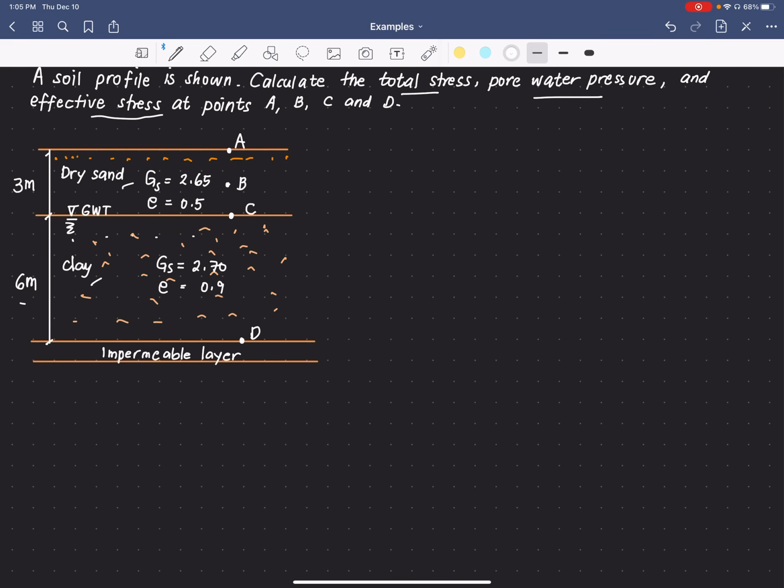Below the clay layer is an impermeable layer, and the groundwater table here is located 3 meters above the ground surface. So the distance between A and B is 1.5 meters.